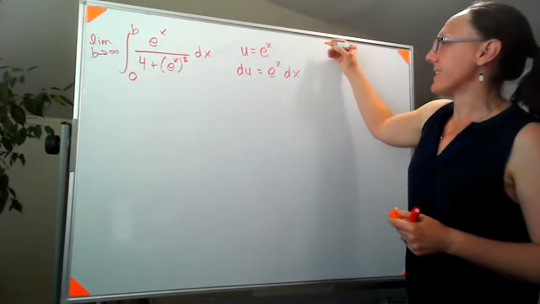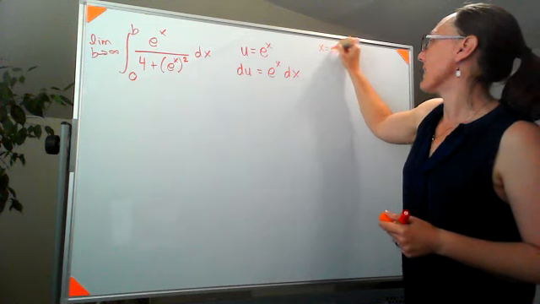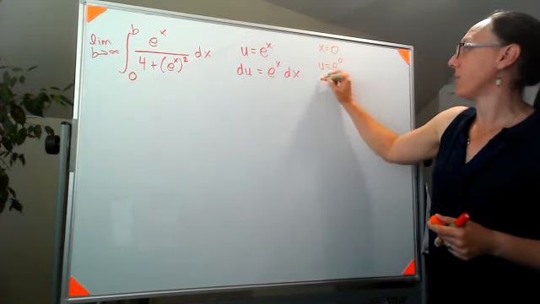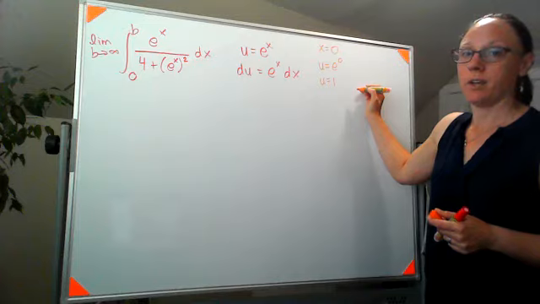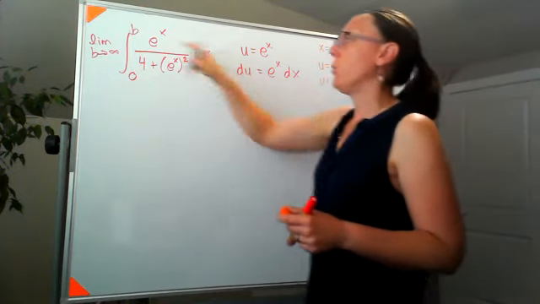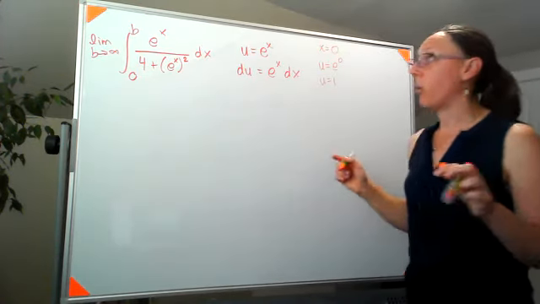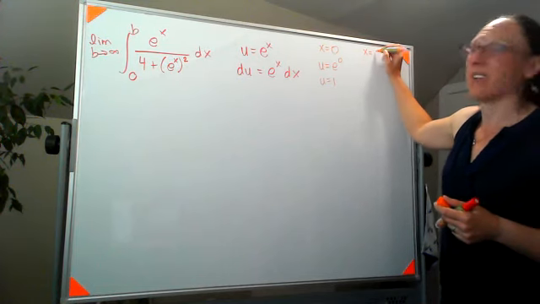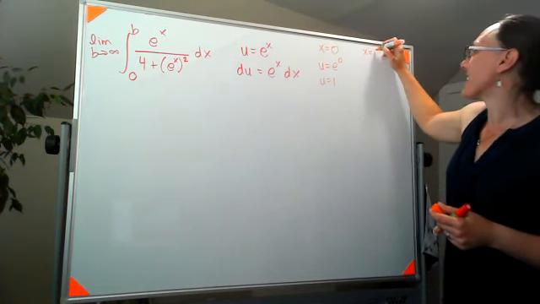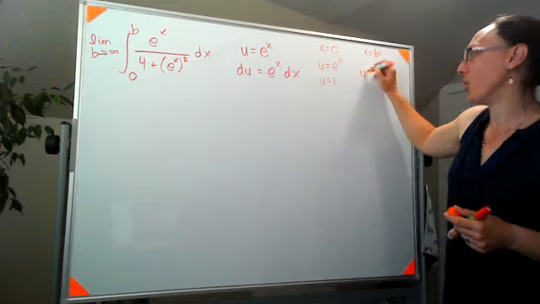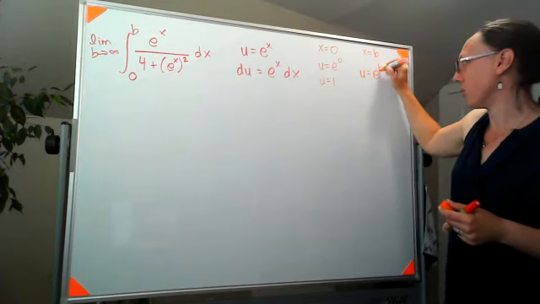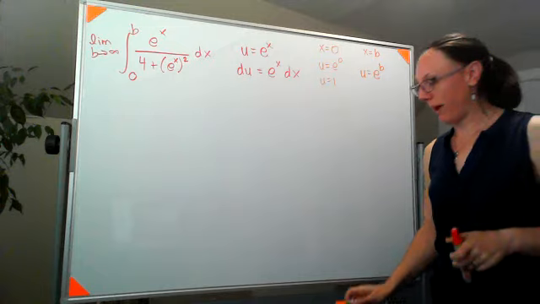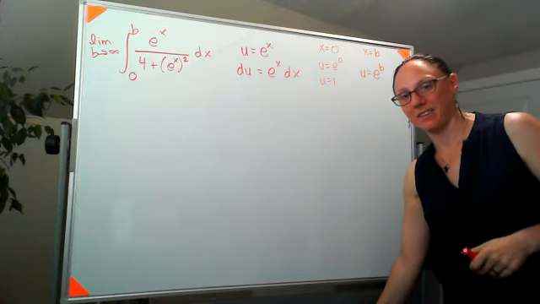When x is equal to 0, u would be e to the 0 or 1. And we have a choice. We can either deal with our limit now, or we can say when x is equal to, no, I lied, this is the better option. When x is equal to b, that means u is equal to e to the b. It's a little bit cumbersome to rewrite it that way, but it's the most mathematically precise option.